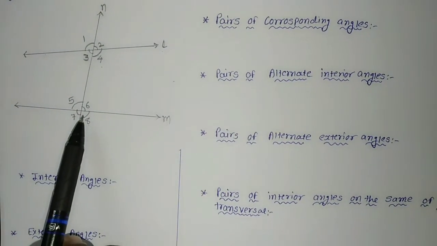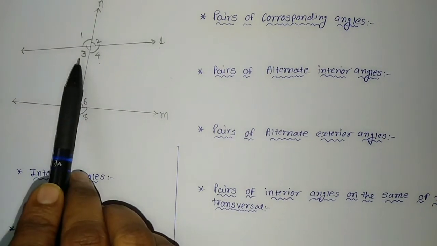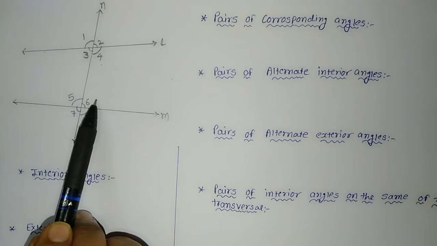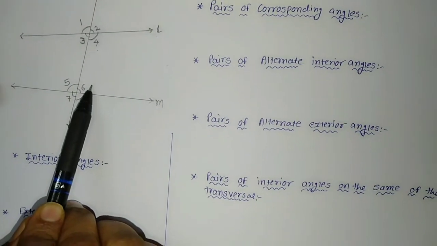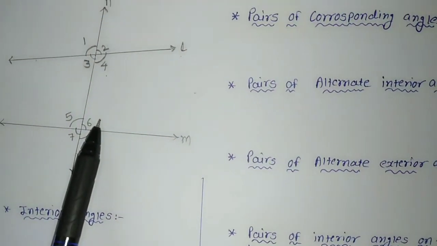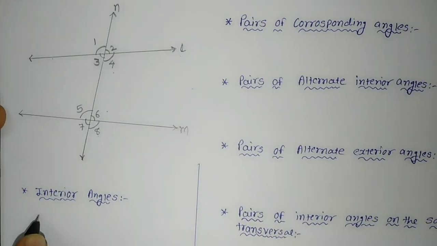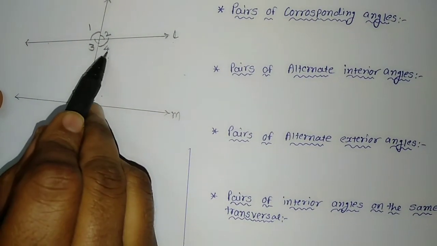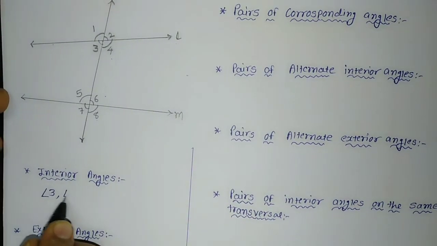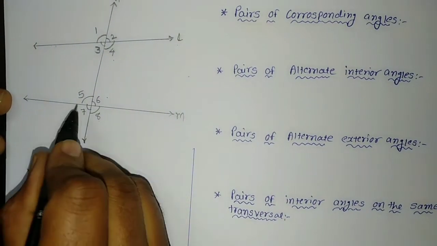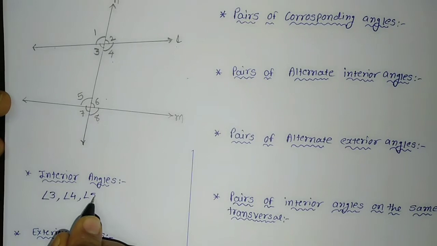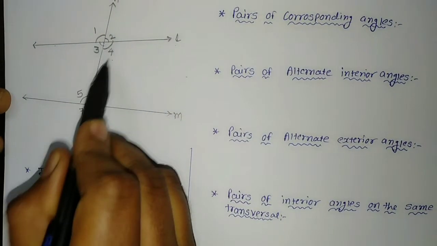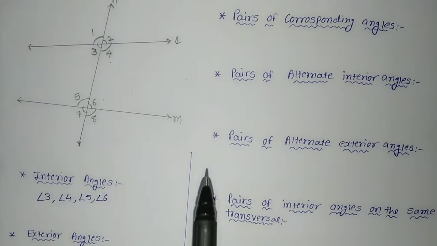So the interior angles formed are angle 3, angle 4, angle 5 and angle 6. I will write the names of those angles here with the numbers: interior angles, angle 3, angle 4, angle 5 and angle 6. You can see they are in the interior. That's why they are called interior angles.